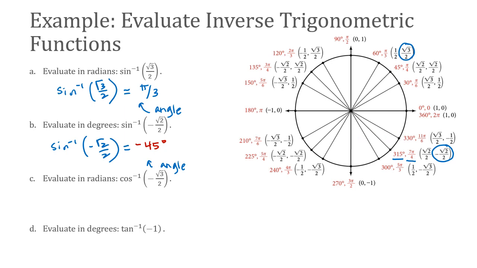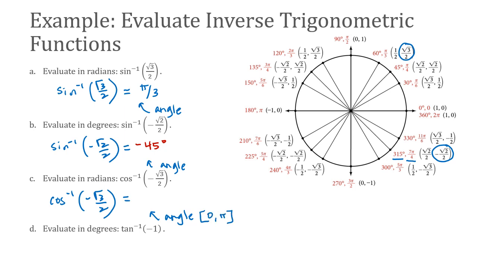Let's take a look at part C, which says inverse cosine of negative square root of 3 over 2. All right, so let me write this down. Cosine inverse of negative square root of 3 over 2. We are looking for the angle, and that angle has to be between 0 and pi.